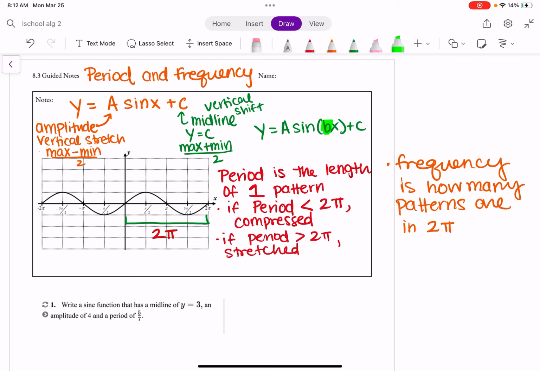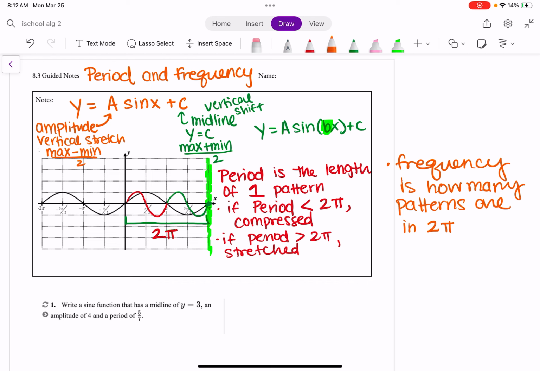So for example, 2 pi is right here, and in this basic sine curve, there is one pattern, 0, max, 0, min, 0. There is one pattern in 2 pi. So let's say I reduce the period. Let's say I squish it together, so it's like this. And then if I draw another one, I'm finally going to reach 2 pi.